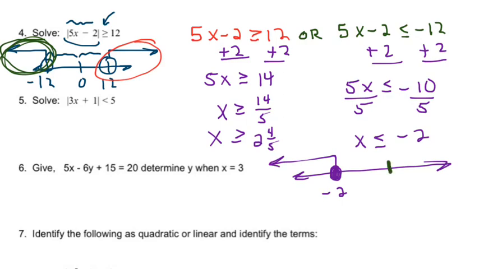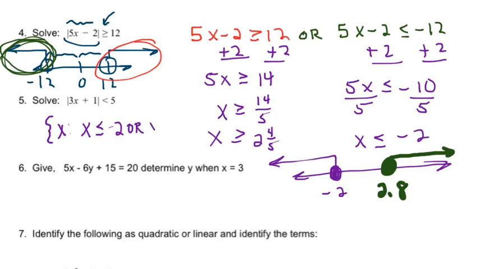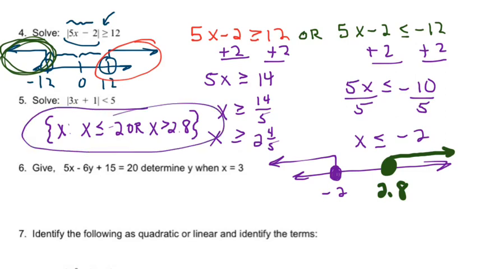Here's greater than, I'm going to write 2.8 there, greater than or equal to 2.8 points that way. To write this as a solution set, we need to write the set x, all the x's where x is less than or equal to negative 2, or x is greater than 2.8. And that would be our solution set, and that would be our graph.